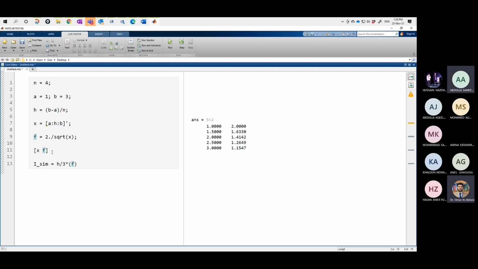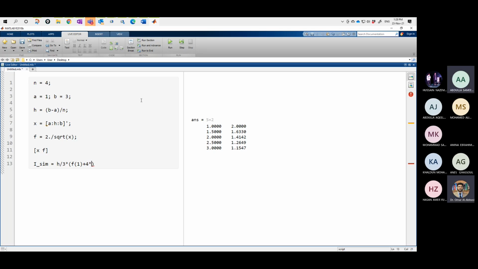So F(1.02) does not work. Do you agree? Yes, doctor. So in that case, I need to take the index of the first interval, that is F1. And what else? 4 times F2 plus F3.